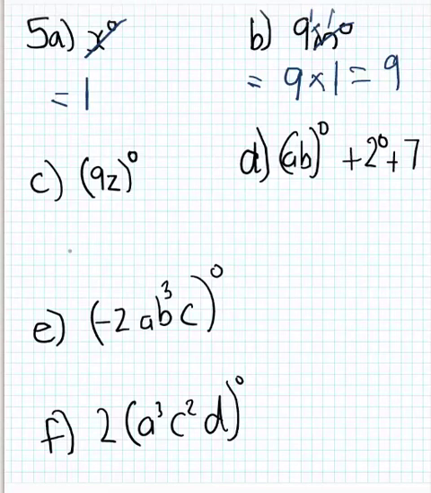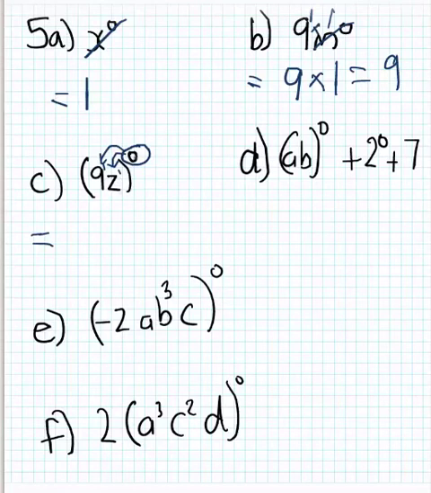Now this one starts to get trickier because you see a power 0 outside these brackets. We'll do this one the long way. We know the index law: if you've got a power outside the brackets, you multiply every other power inside the brackets with that number. We know 9 has a power 1, z has a power 1, and I made them visible.